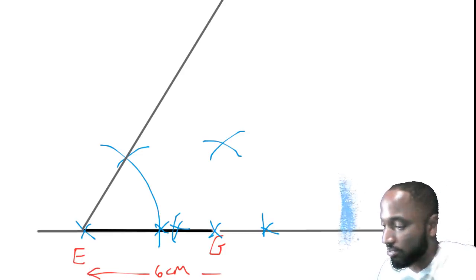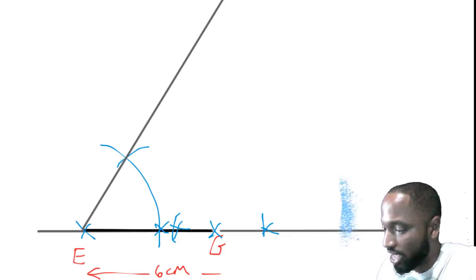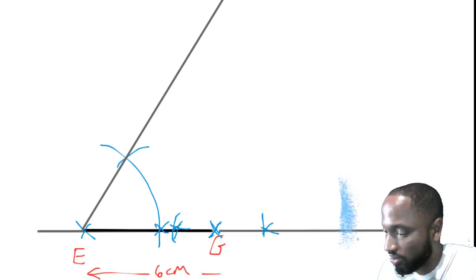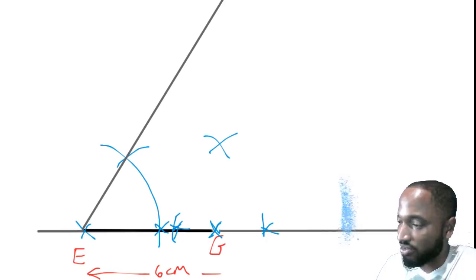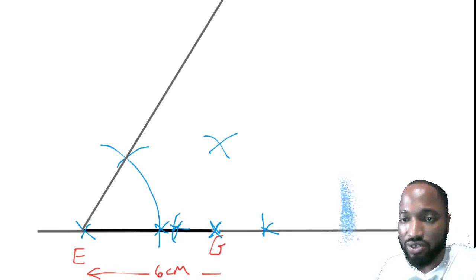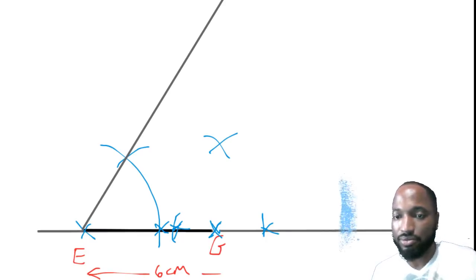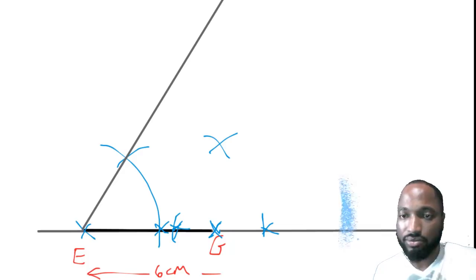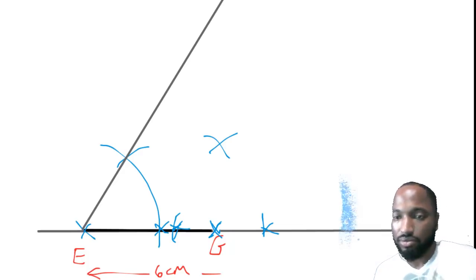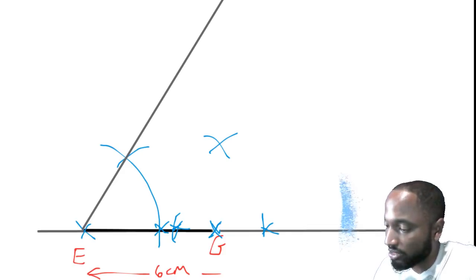Right, so after you make the two arcs here, remember we stop our compass here, we make a curve there, and we got two arcs, two spots to stick our compass. When you make that arc, we'll cut like this, and you just draw a line straight up like this.